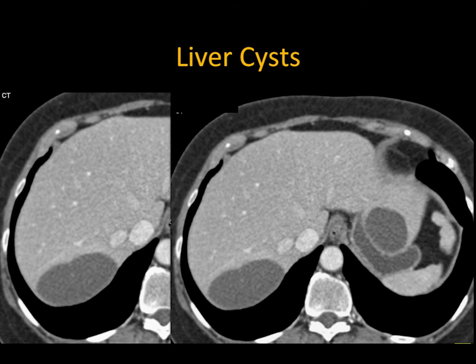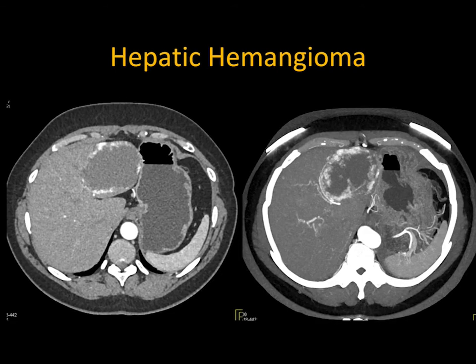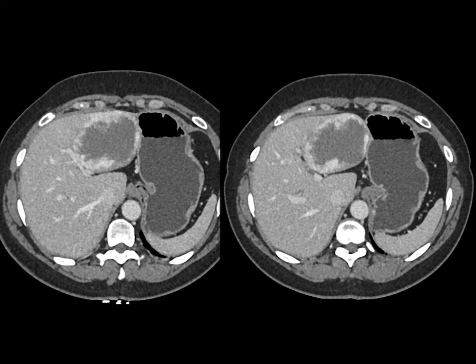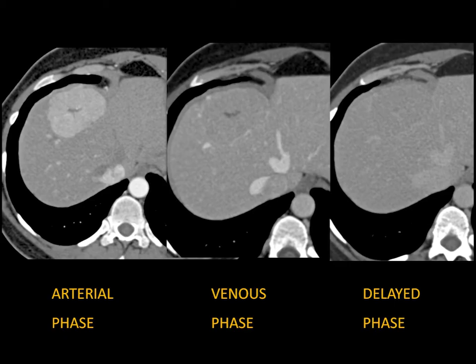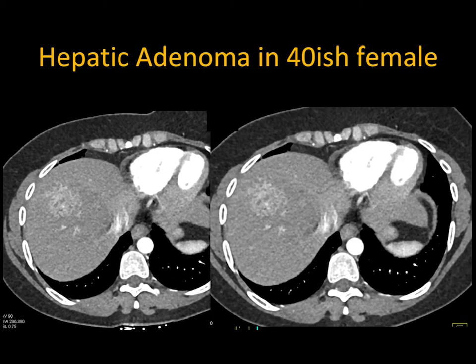So it's simple lesions, cysts, classic hemangiomas with peripheral puddling, and in this case, over 5 cm, a giant hemangioma filling in over time, or the classic pattern of FNH, homogeneous with a central scar that is the same density as the IVC and washes out, so that within 3 or 4 minutes it can be nearly isodense, even a 6 centimeter mass like this.